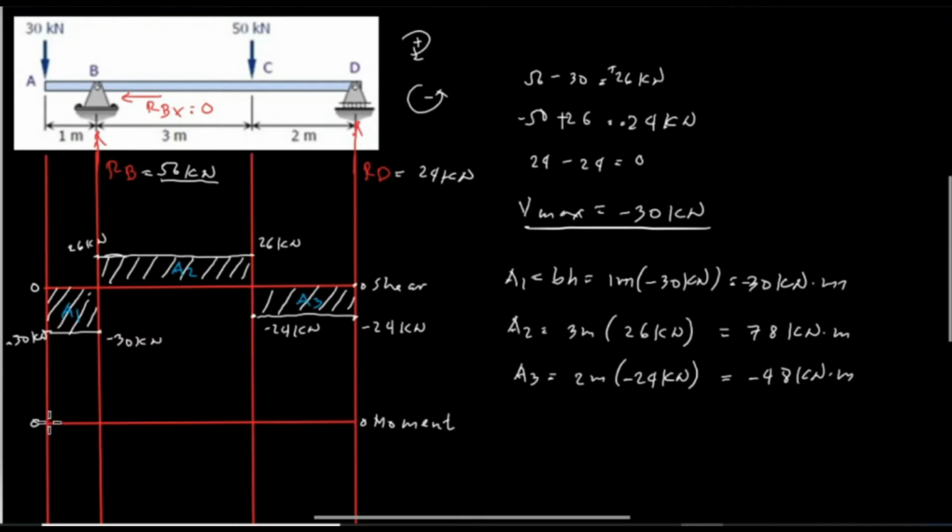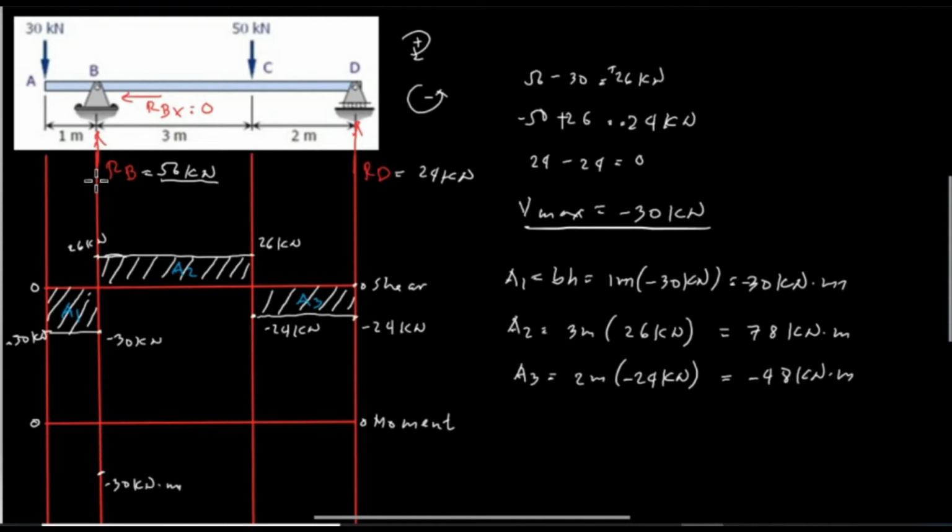So we start at A. If we draw a horizontal line, the next curve or line is the diagonal line, and we have area 1, which is equivalent to negative 30 kilonewton meter, and the value from A to B is negative 30, and we will put negative 30, which is also kilonewton meter.